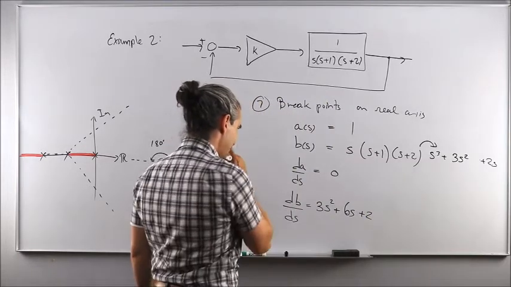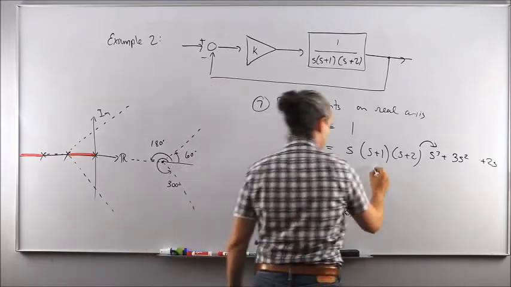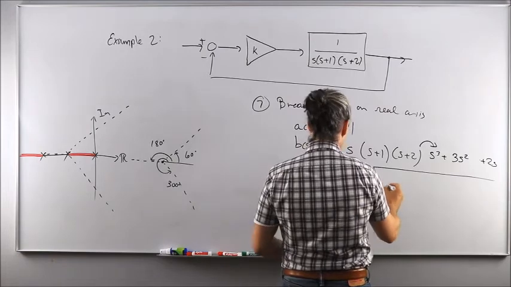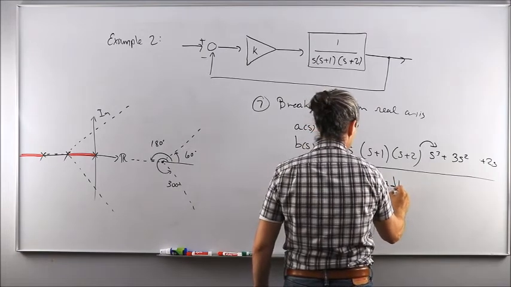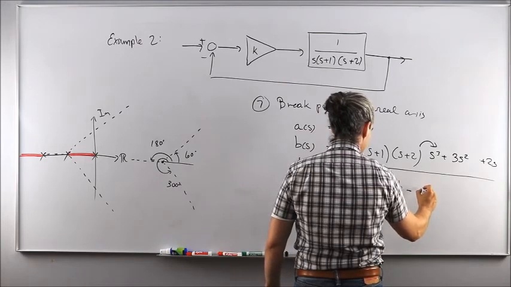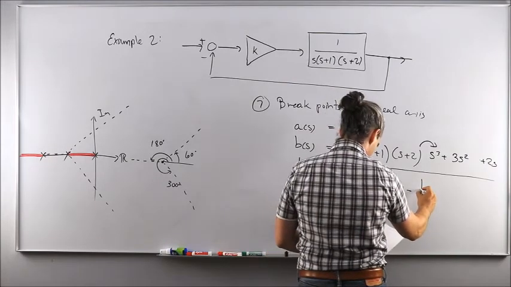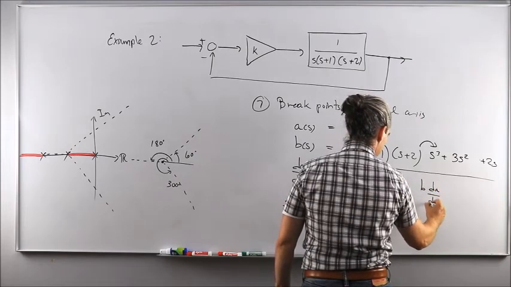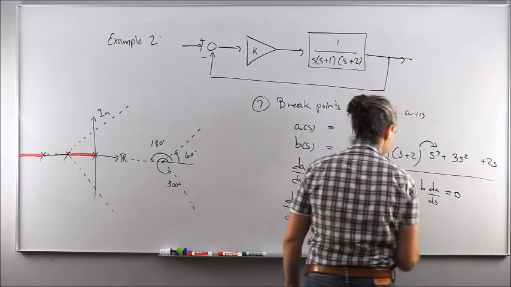And then I just applied that to my generic equation that told me that A times dB/ds minus B times dA/ds, all this equal to 0.